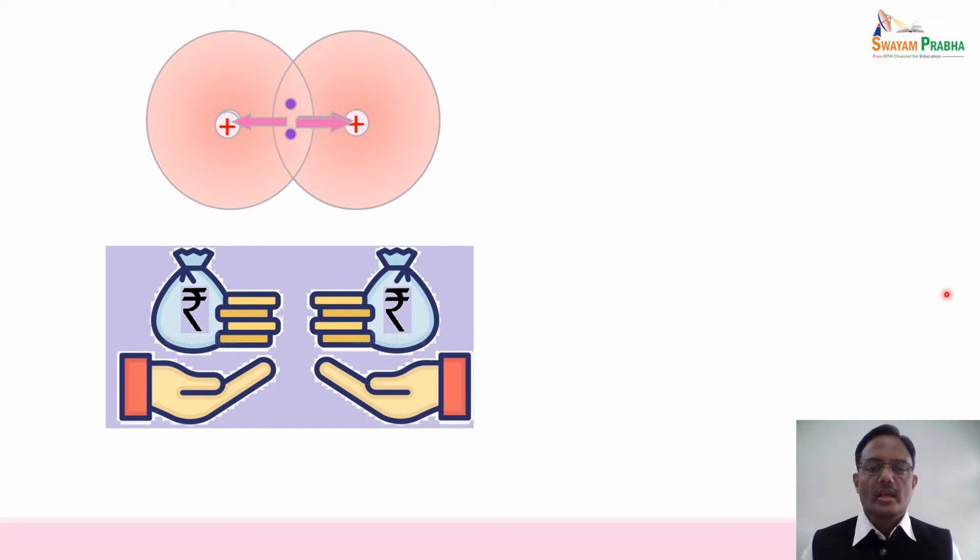If we have two partners starting a business by sharing their capitals, and the profit is equally distributed among them, this is the ideal situation when both the partners are equally powerful.